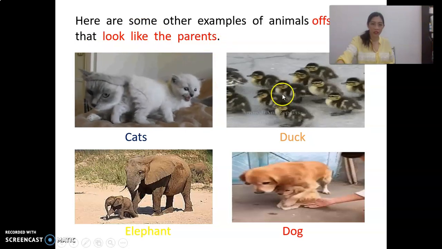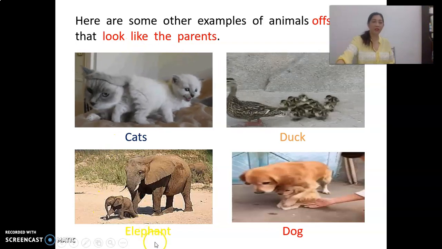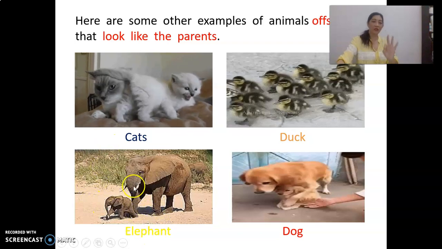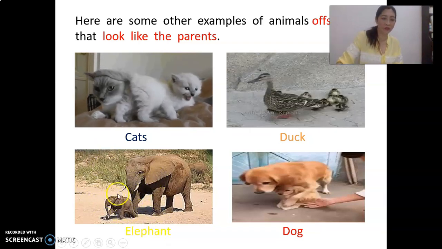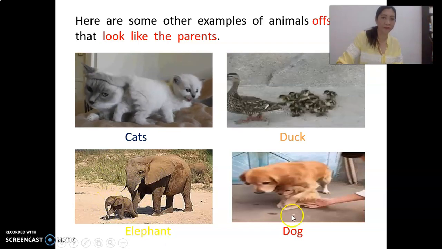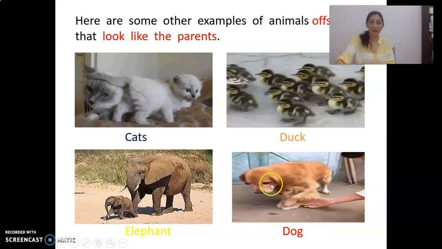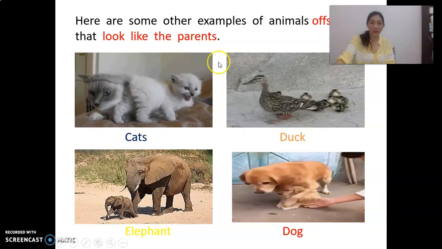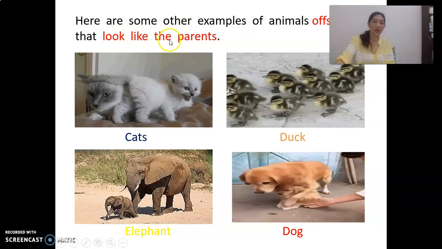Mother and offspring, they look alike. Number three example is elephant. So elephant looks like their parents. They are the same. Another example is dog. They are the same. So dog is an animal whose offspring look like the parents.